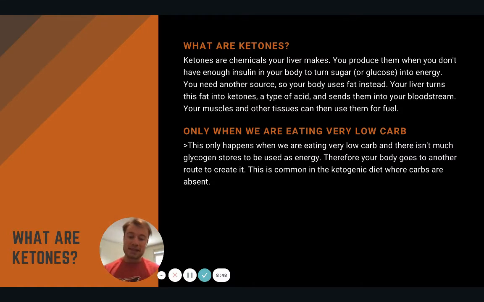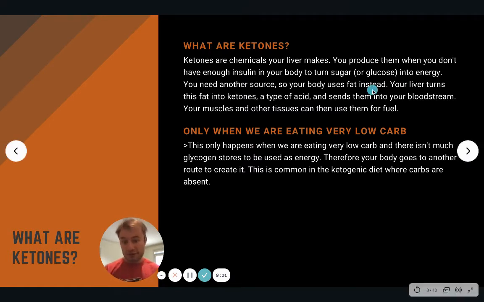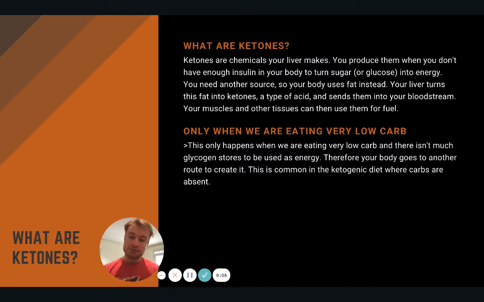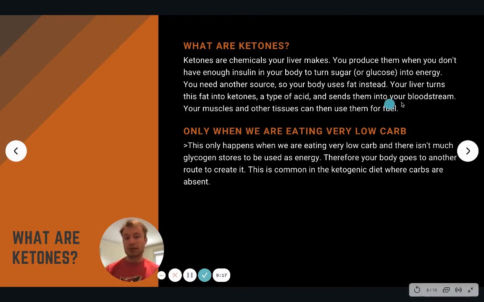So your body doesn't have glucose from carbohydrates, so it needs glucose from other things because your brain is going to need glucose for its primary energy fuel source. So it's going to create glucose from your liver, primarily taking amino acids and protein, basically converting that into glucose, which would cause protein to kind of have a breakdown more so than protein synthesis. So that's how ketones are going to be made.